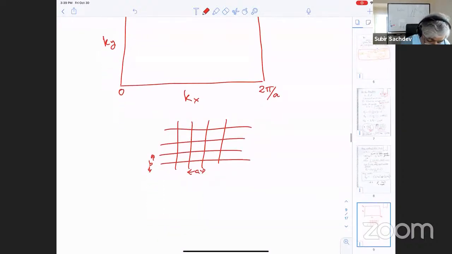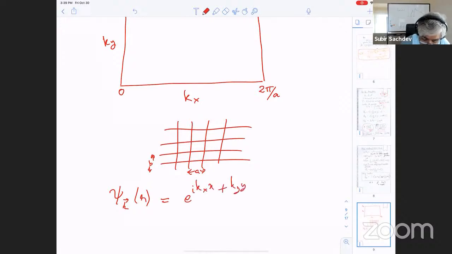And your wave function psi is labeled by a wave vector k and a function of r. It's equal to e to the i (kx times x plus ky times y) times a function I'll call u, which also depends on k, of r.